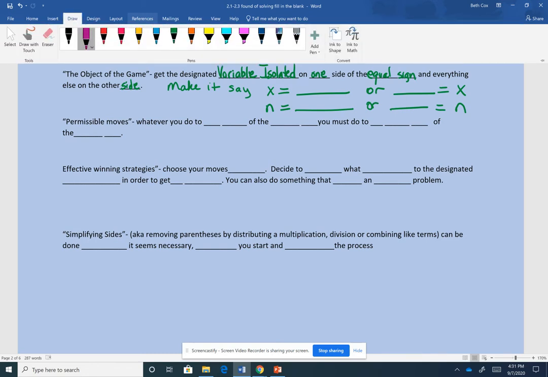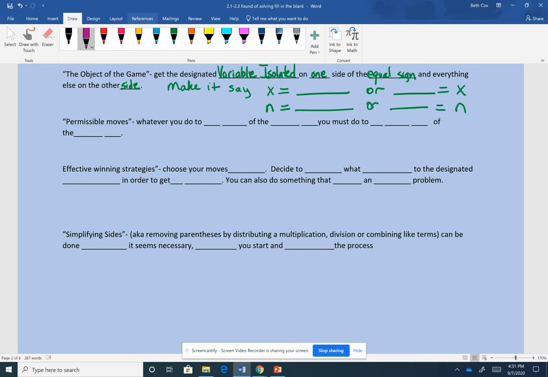Okay, so now permissible moves. Now this is important. Again, like the games, there's certain things you can do and certain things you can't do. But when it comes to equations, it's the equality. Equal means the same. You have to treat everything the same.